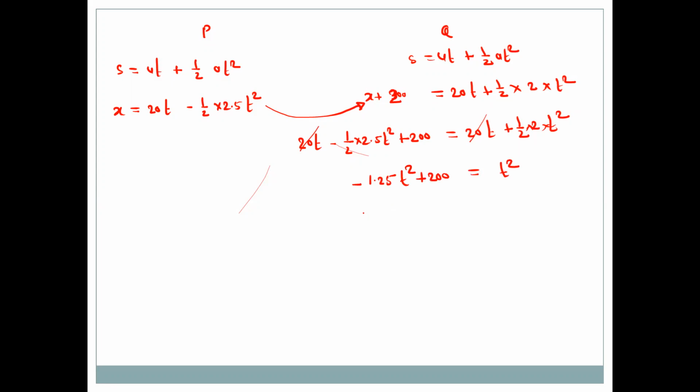Okay. So your equation will be 1.25 t square plus t square, this is equal to 200. So t square is equal to 200 divided by 2.25.